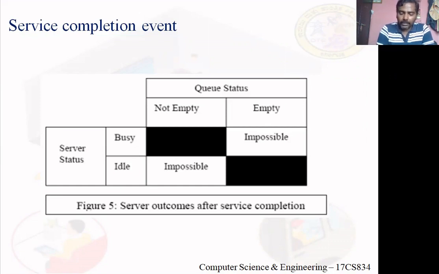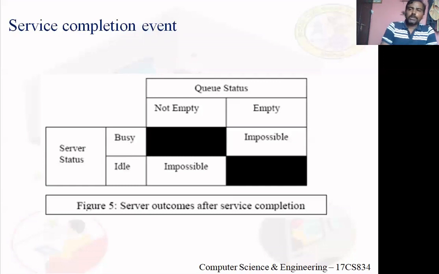The customer departed, but there's no customer in the queue now. Can the server be busy now? When there's no customer in the queue after departure, how can the server be busy? It's impossible. Got it?